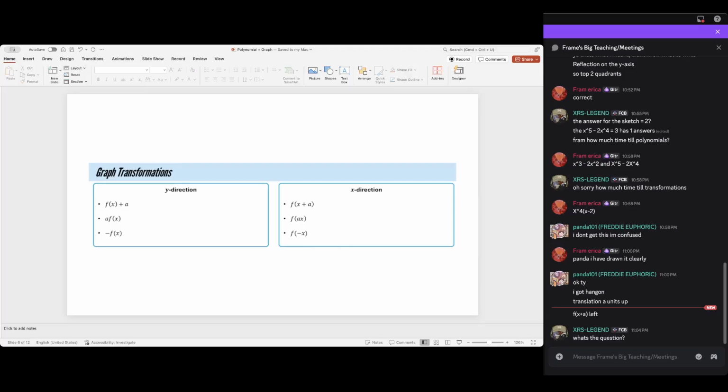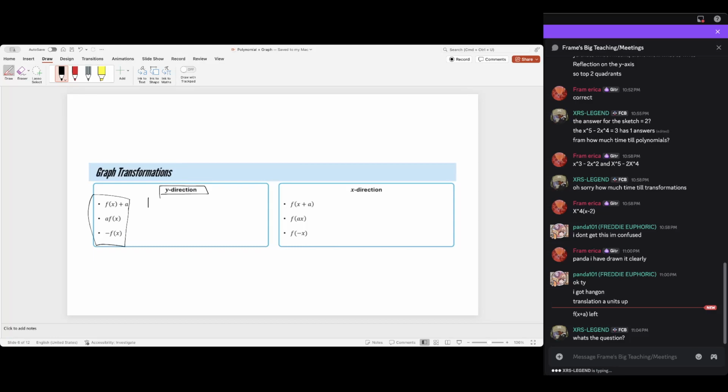The question is literally here. What's the question now? To do the transformations, this is supposed to lead to what result in the graph, and this one left by a. And I think this one should be up by a?